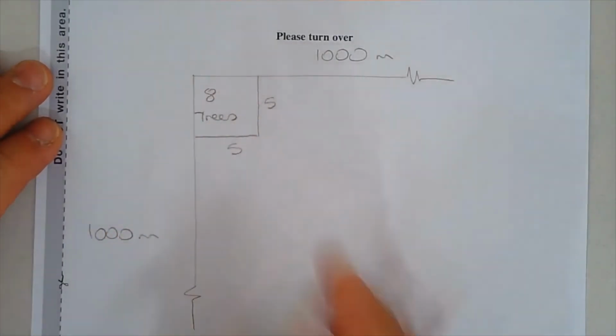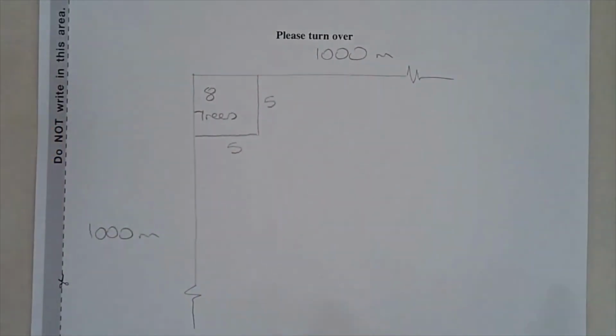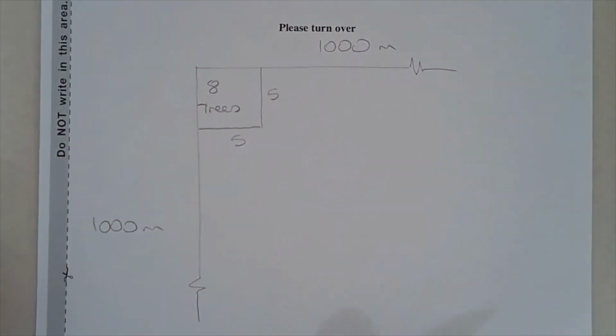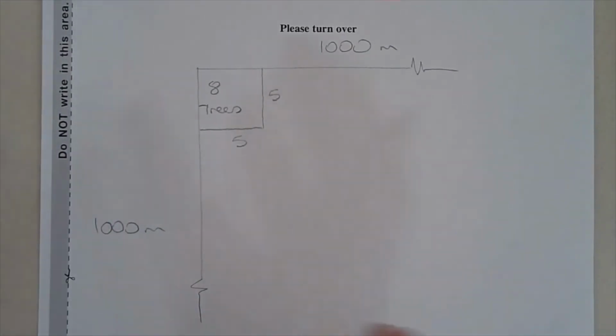So the question is, how many of these 5 by 5 squares of land are contained within this 1,000 meter by 1,000 meter block? We could work that very easily just by using area.